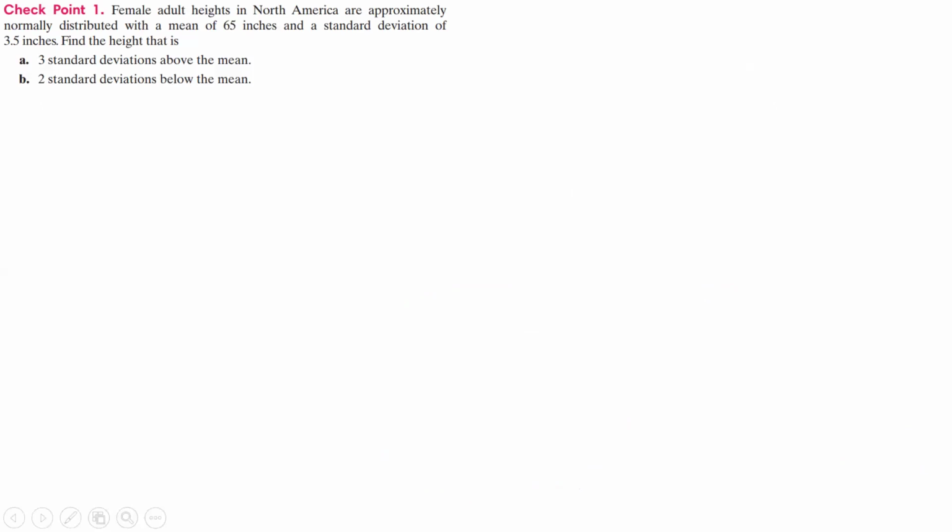All right, so let's use our knowledge of that and look at this one. It says female adult heights in North America are approximately normally distributed. So that means we have that normal bell curve, and it has a mean of 65 inches and a standard deviation s equal to 3.5 inches.